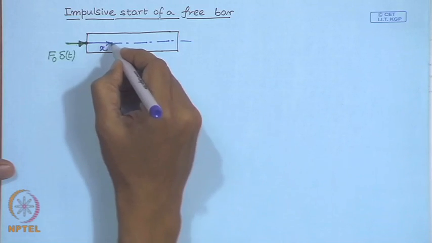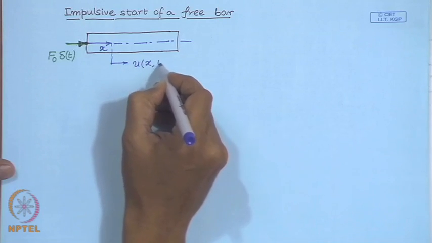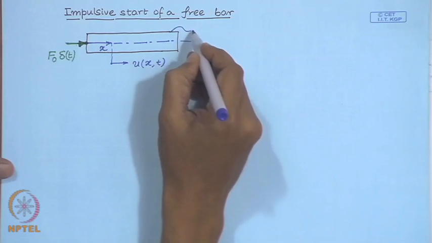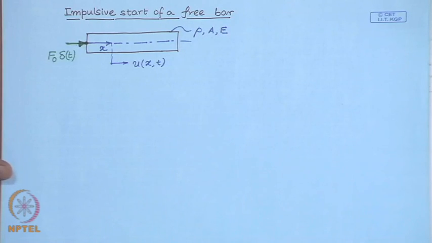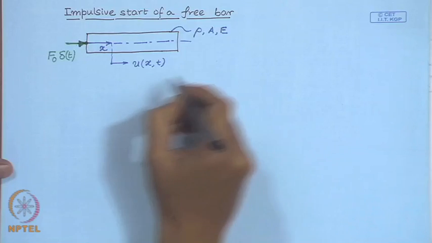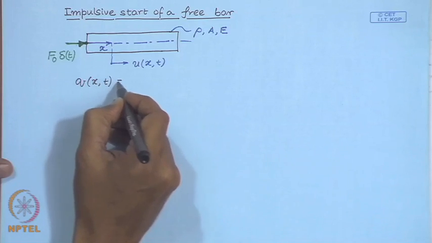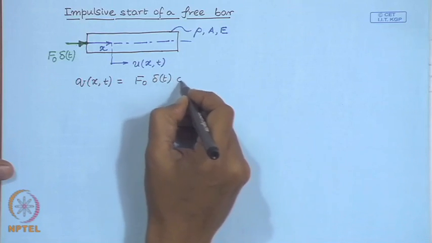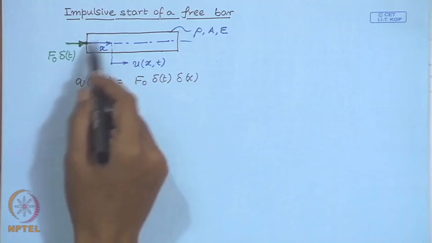We consider the axial displacement field of the bar to be represented by u(x,t), and the properties rho, A and E. The force distribution therefore is F naught delta(t), an impulsive force applied at x equal to 0, the way we have considered our coordinate system.